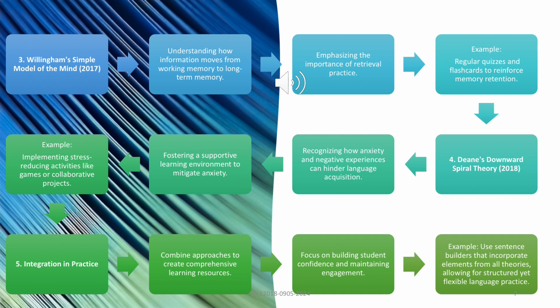By integrating these theoretical frameworks, educators can develop more effective teaching strategies that balance cognitive load management with emotional support. This might include structuring lessons with scaffolded activities, incorporating error-friendly exercises, and using collaborative learning approaches to reduce individual pressure.